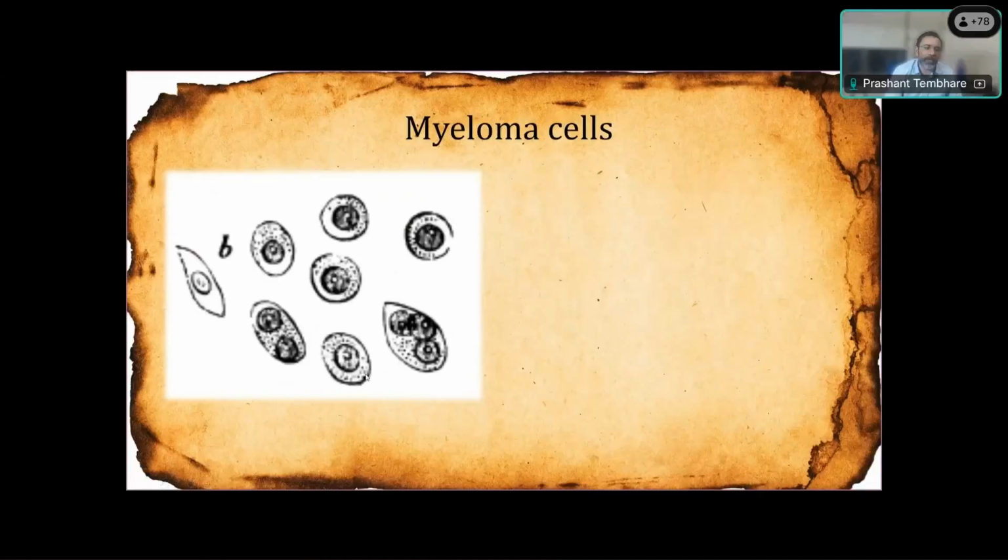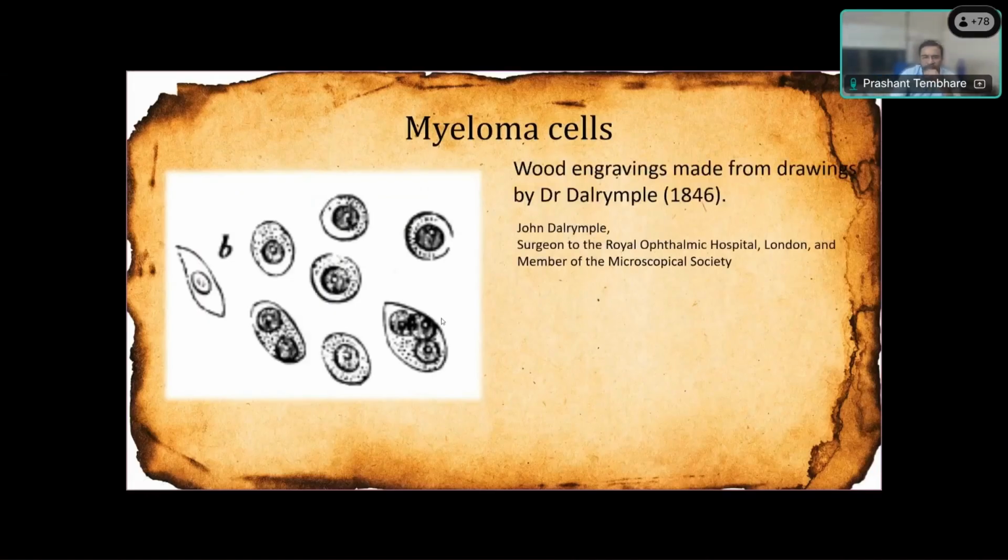One of the interesting historical facts is about myeloma cells. The microscopic appearance of myeloma cells was first noted in history by John Dalrymple.